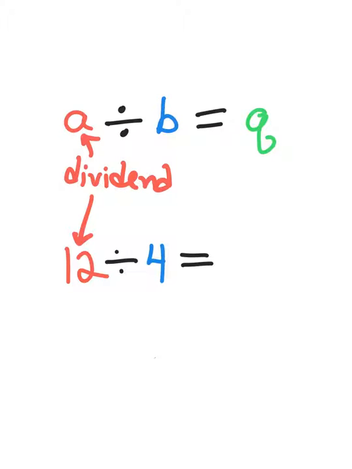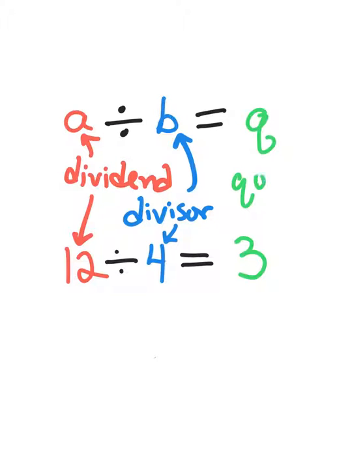And that second number, 4, or B in the top, is known as the divisor. So we have the dividend divided by the divisor. And then Q, the answer, in this case 12 divided by 4 equals 3, is the quotient. So dividend divided by divisor equals quotient.